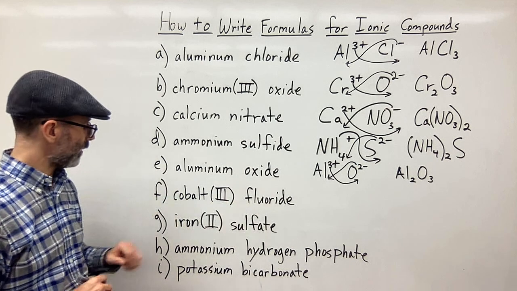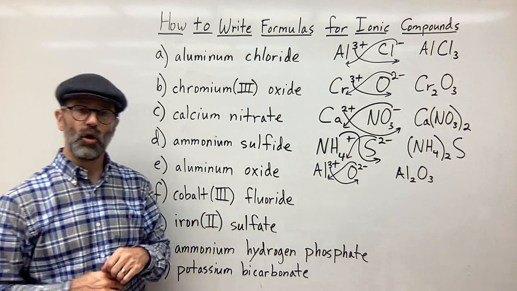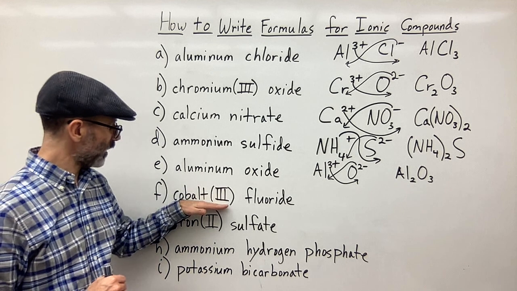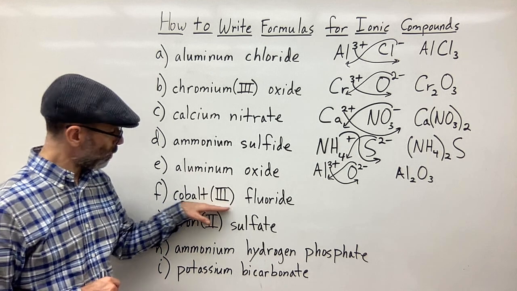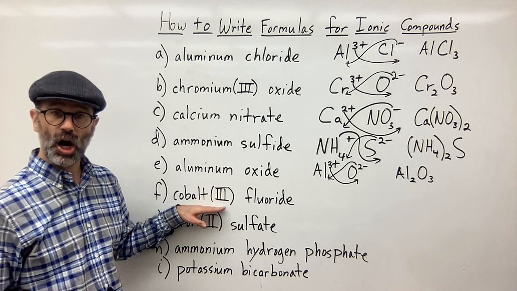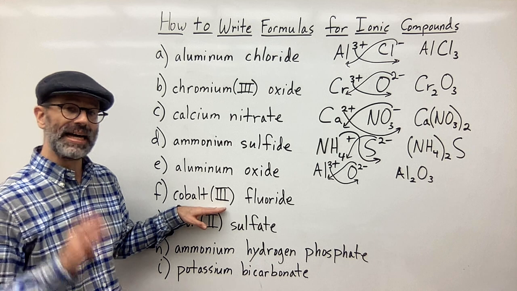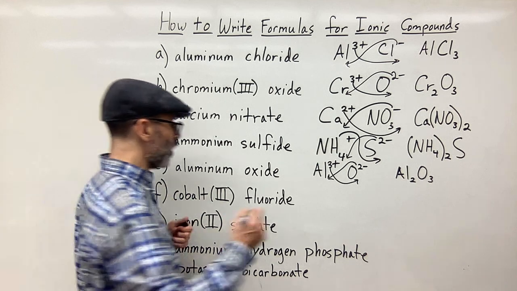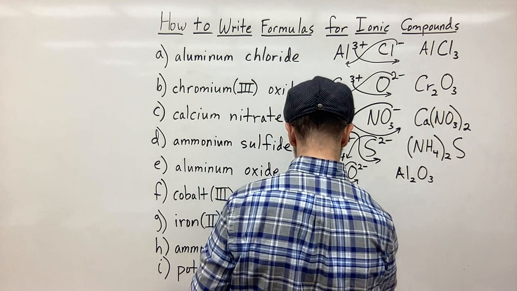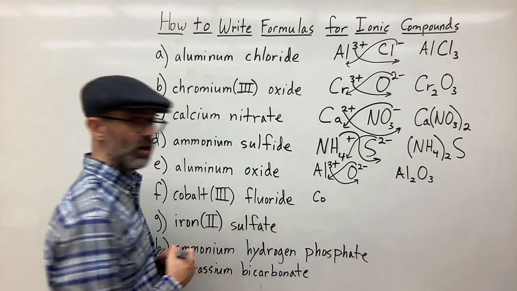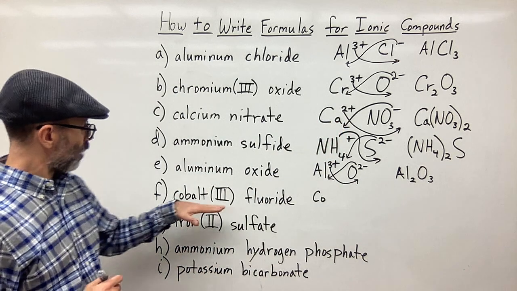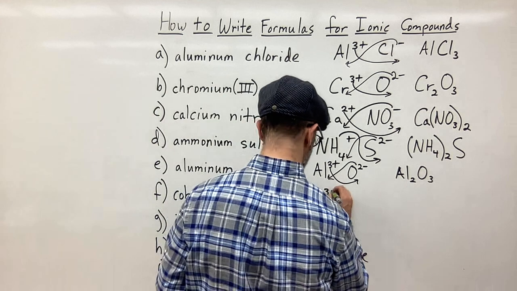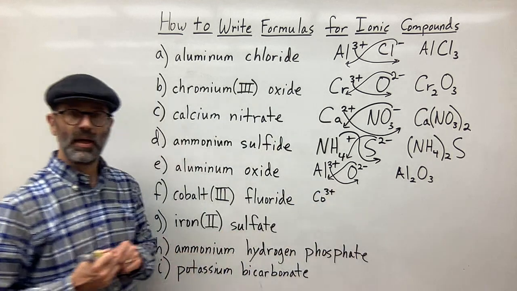Cobalt(III) fluoride. Okay, so cobalt. Cobalt, again, my favorite element. So cobalt 3, the Roman numeral always tells us the charge, not the number of the ion, just the charge on the ion. So cobalt is Co. We know it has a 3 plus charge because of the Roman numeral, so we're going to put 3 plus.